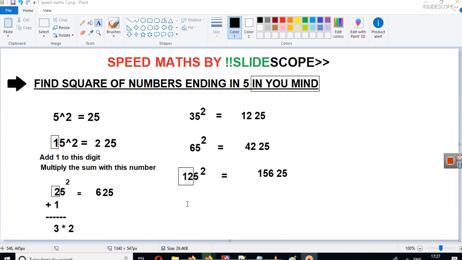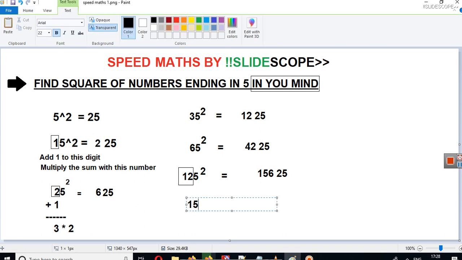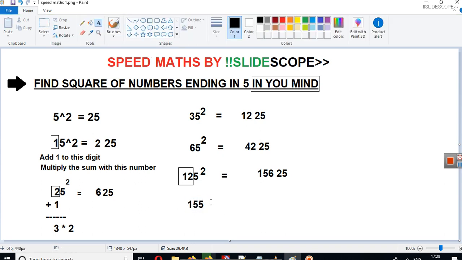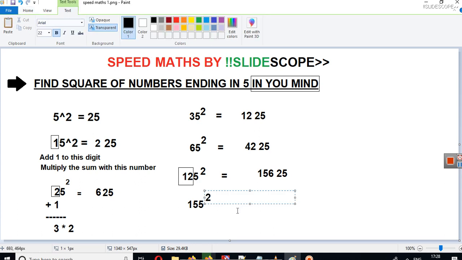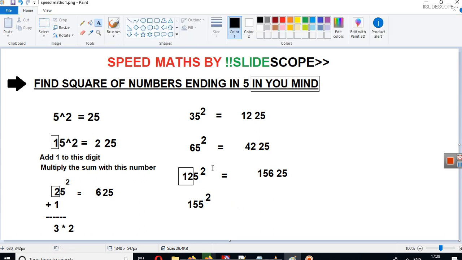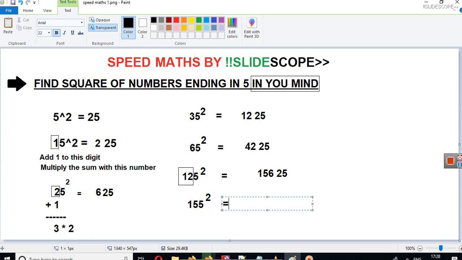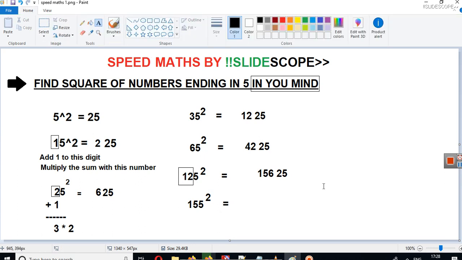Now let's take another number, 155. We have to find the square of 155. In most questions where we have to find the square root, if we can calculate the squares of these numbers in our mind, then it will really become easy to find square roots also.